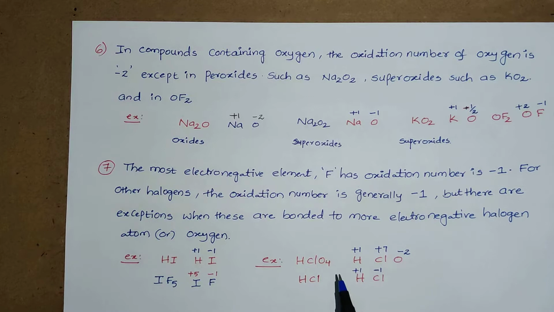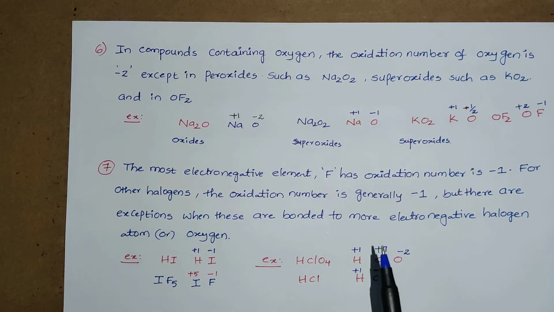That's why fluorine always shows only one oxidation state, the negative one. That number is -1. Whereas the other halogens can show the negative oxidation state -1, and in addition to -1, they can also show positive oxidation states.